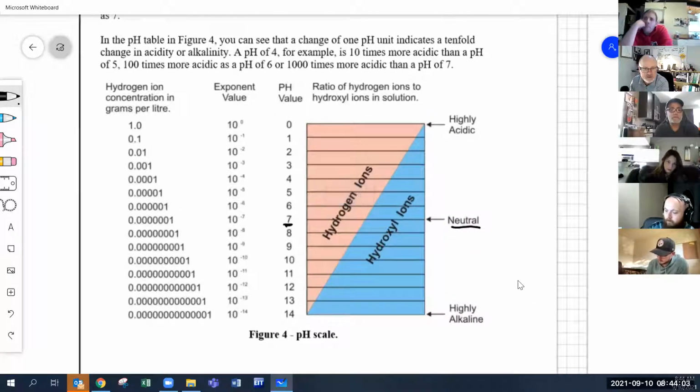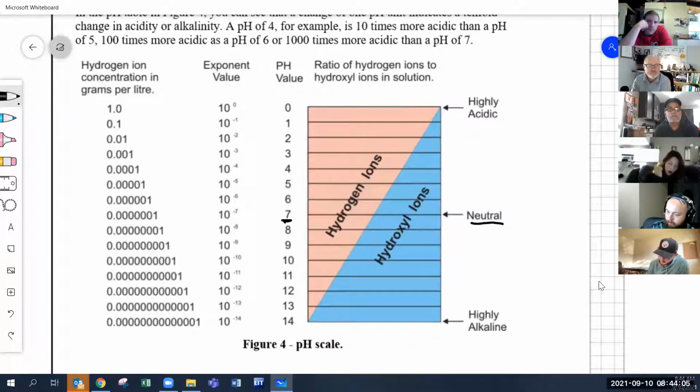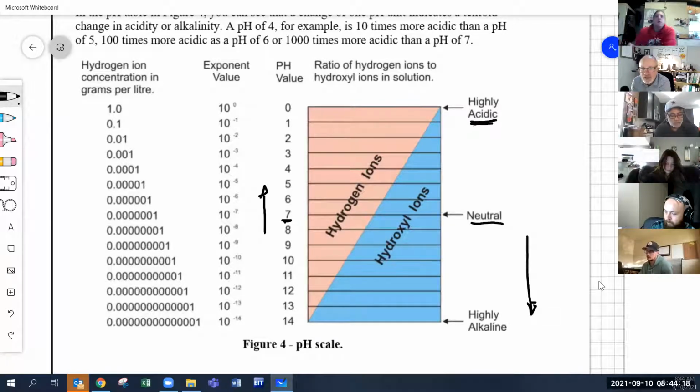There we go. So as we go this way with a lower number, it's more acidic with the lower numbers. Above 7, you become alkaline or a base. And this has to do with how many hydrogen ions there are.